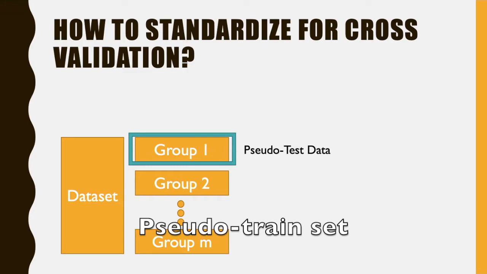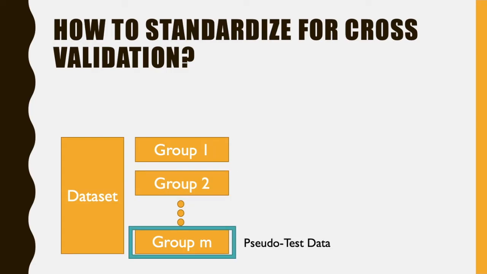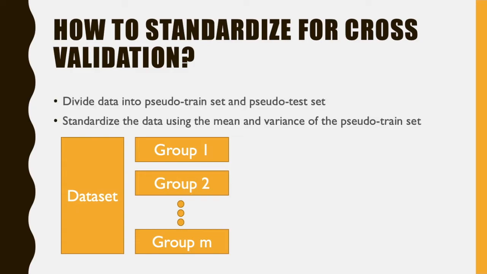We repeat the process m times such that each fold is treated as the pseudo-test set exactly once. If we want to do standardization for cross-validation, then obviously we should only use the pseudo-train set's mean and standard deviation to standardize the whole dataset, which includes both the pseudo-train set and the pseudo-test set.